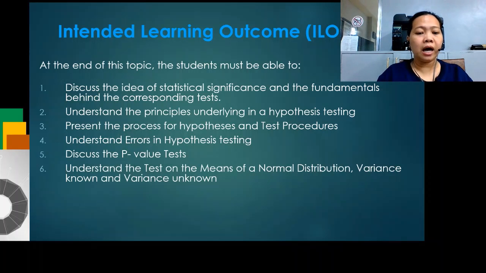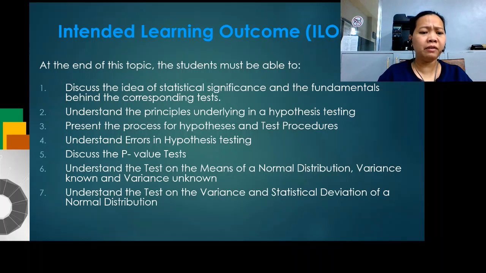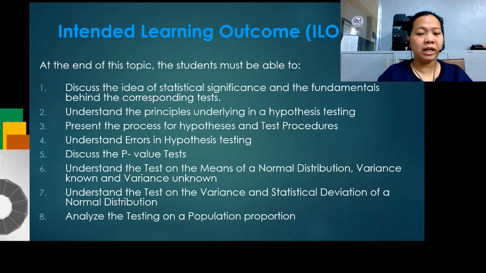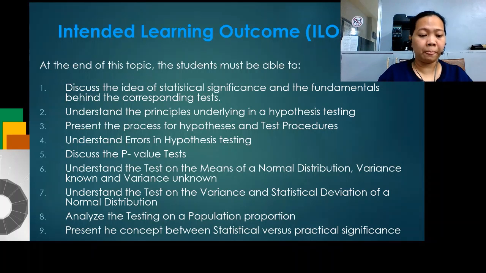Sixth, understand the test of the means of normal distribution, variance known and variance unknown. Seventh, understand the test on the variance and standard deviation of normal distribution. Eighth, the students will be able to analyze the testing in the population proportion. And lastly, the students will be able to present the concept of statistical versus practical significance.